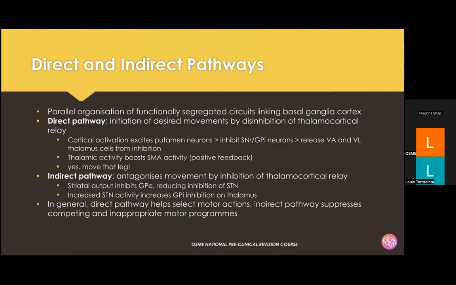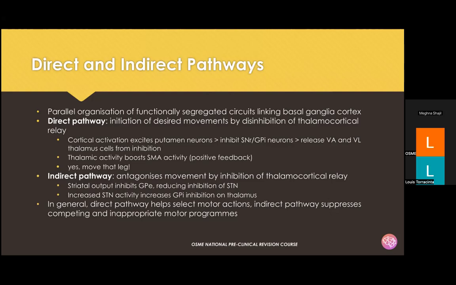Cortical activation will excite the putamen neurons. Those will then inhibit the substantia nigra and globus pallidus interneurons, and that goes back to the thalamus and you get the movement going. So, move that leg. The thalamic activity will then boost your supplementary motor activity, a positive feedback loop.